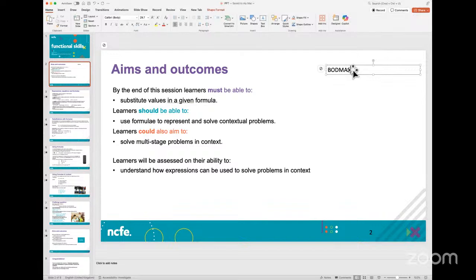Operators are things like the minus sign, plus, division, or multiplication. When we use these operators, we have to follow a particular rule, and BODMAS is that rule that we follow.